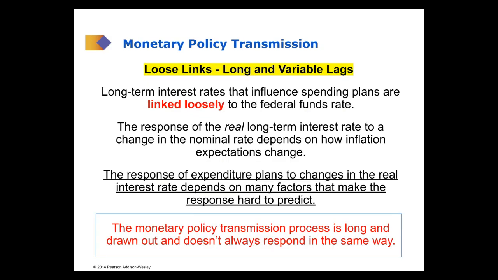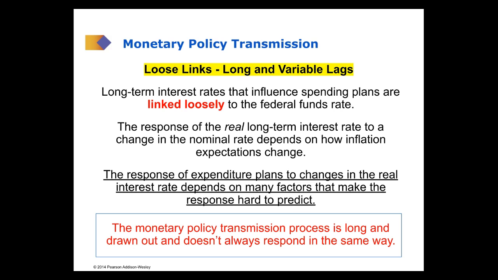And so we say that the monetary policy process has very loose links. There are a lot of lags in the system, and the response of the system is different each time. You might change a rate by a quarter point one time and get a certain response, and another time get a completely different response, because all the economic activity we're talking about, including all of the rates in the various markets, are loosely linked to the federal funds rate.